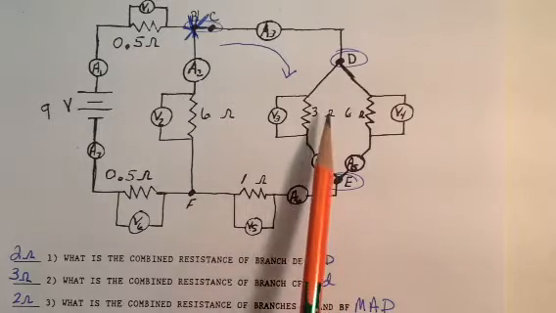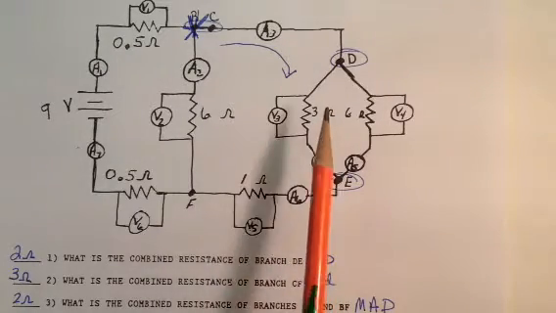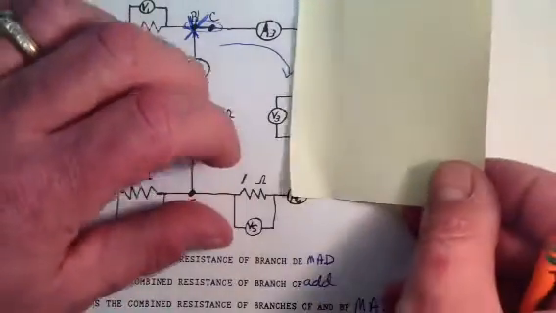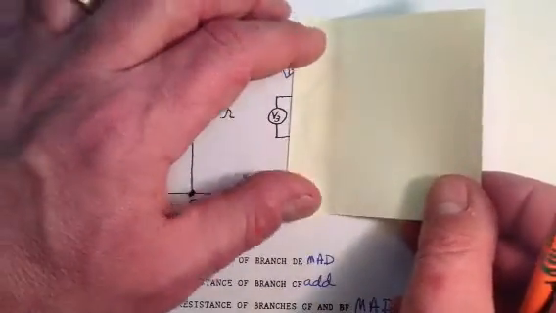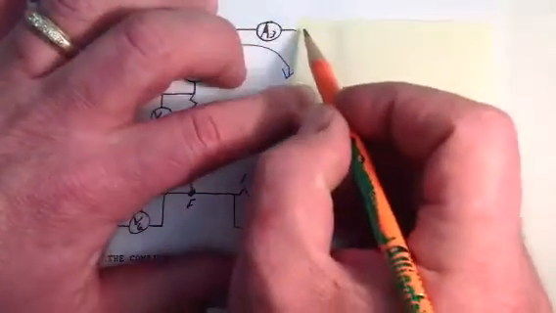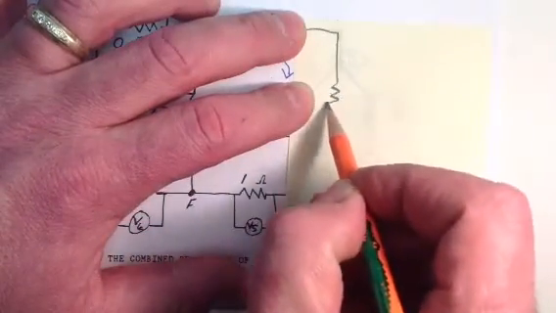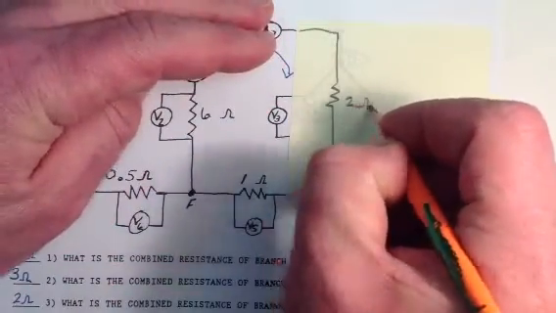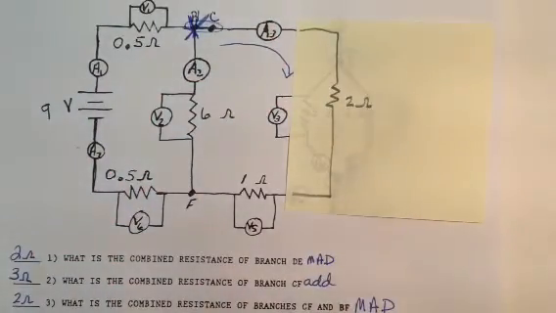So we have our 3 ohms multiplied by our 6 ohms, 3 ohms added to our 6 ohms, and divide those two answers. And what we wind up with is replacing that whole mess with a 2 ohm resistor.